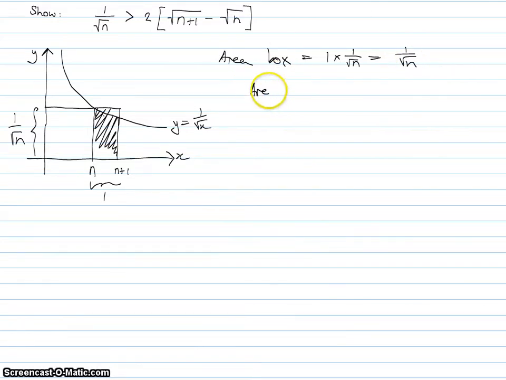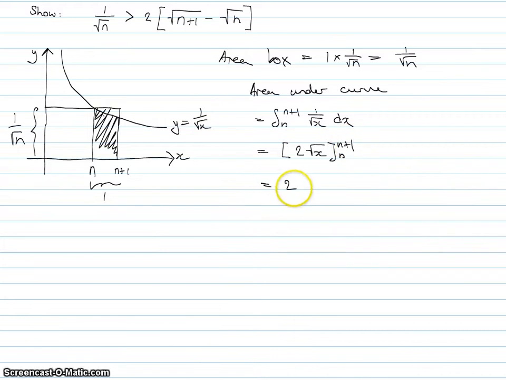What about the area under the curve? The area under the curve will be equal to the integral from n to n plus 1 of 1 over the square root of x dx, and we know what that is from our previous part. Substituting in our values, we get 2 times root n plus 1 minus root n.